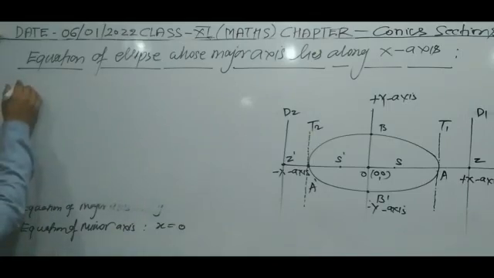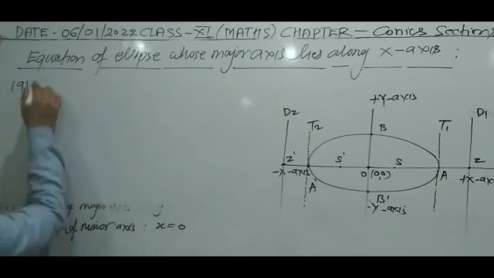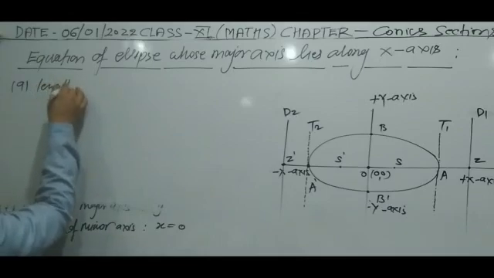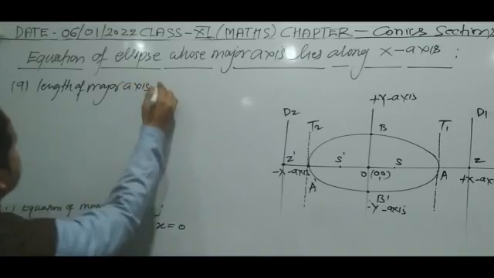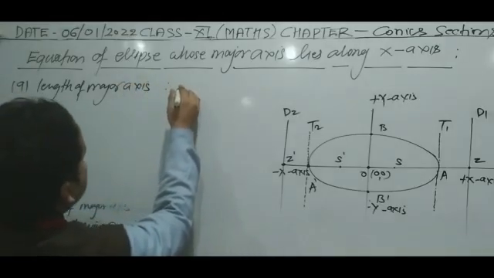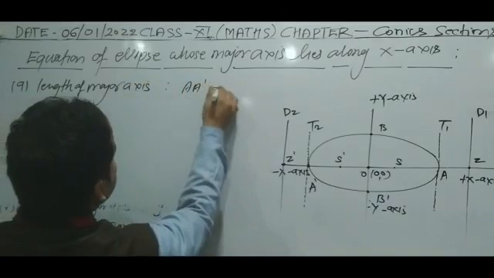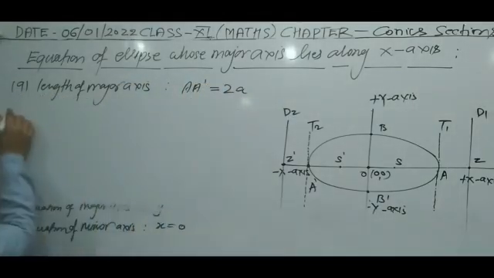Now ninth point is the length of major axis. Major axis equation, minor axis equation, foci I have written, tangents written. Length of major axis, that is A A dash is equal to 2a.